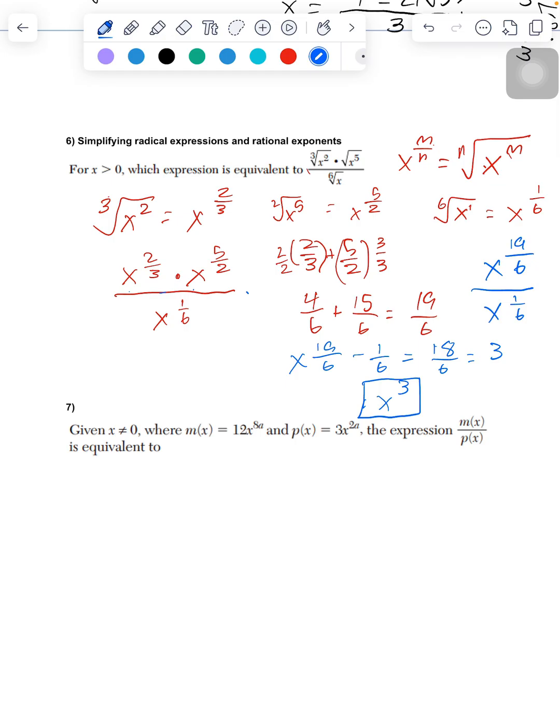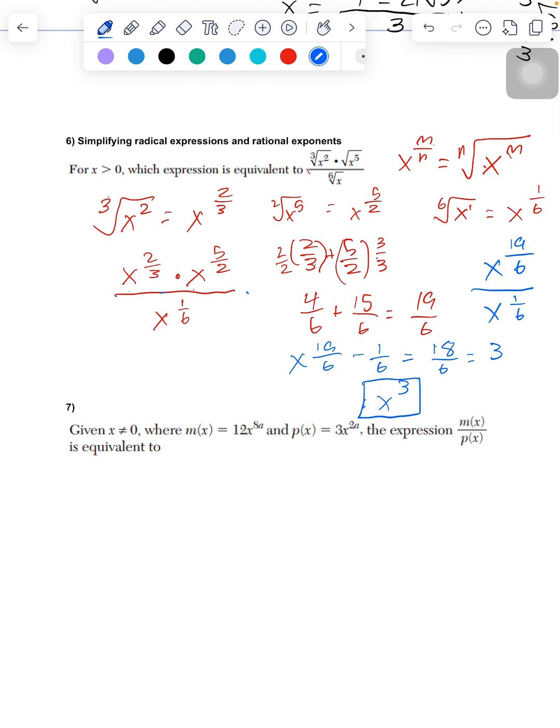How do you get to 6 from 3? You multiply by 2. How do you get to 6 from 2? You multiply by 3. We added everything, and then we realized we have the same base, so we subtract the exponents. 19 over 6 minus 1 over 6, and we see that's 18 over 6, and that is 3. So we finally get x to the third, in the simplest form.